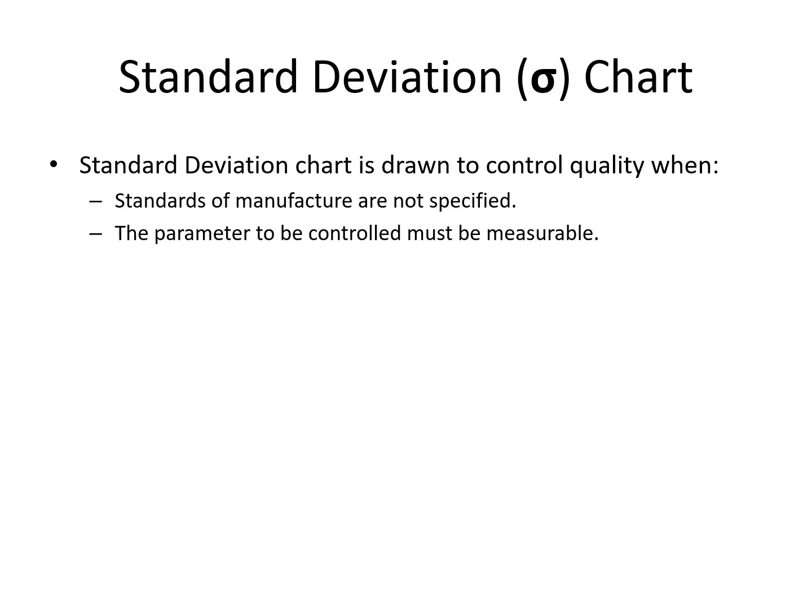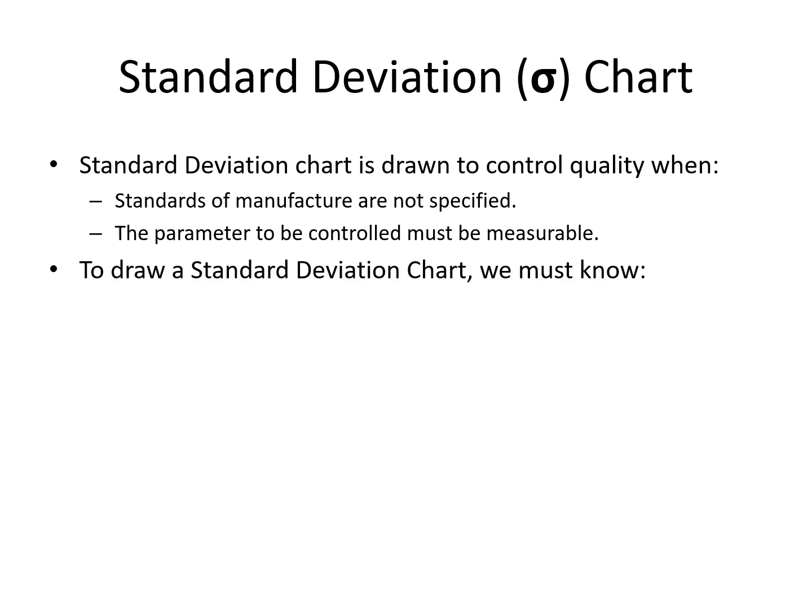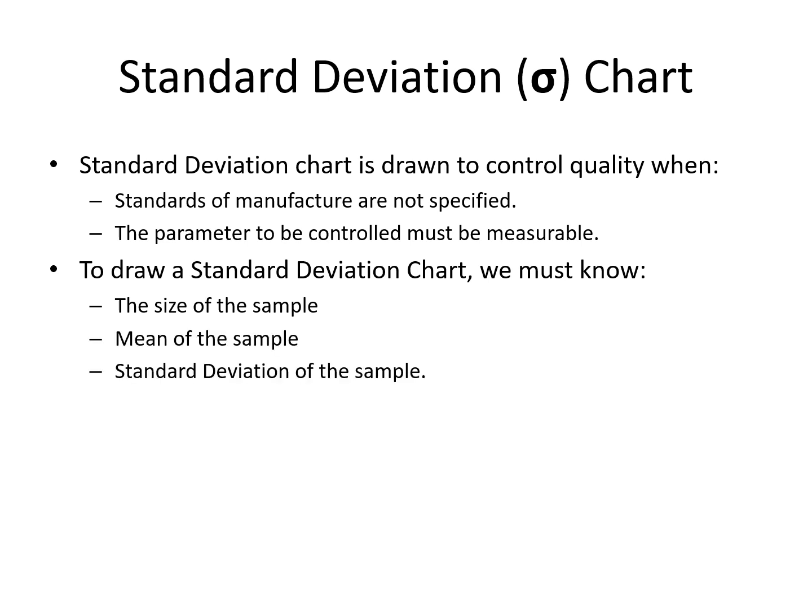When we draw the standard deviation chart, we need to calculate certain parameters. First and foremost, we must know the size of the sample, the mean of the sample, and the standard deviation of the sample. These are the three basic points with which we start to construct the standard deviation chart.